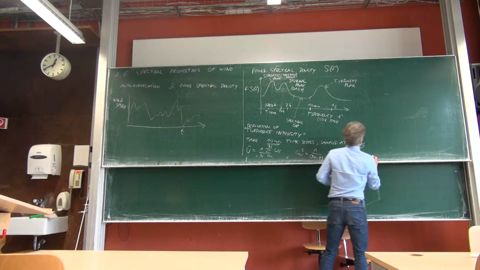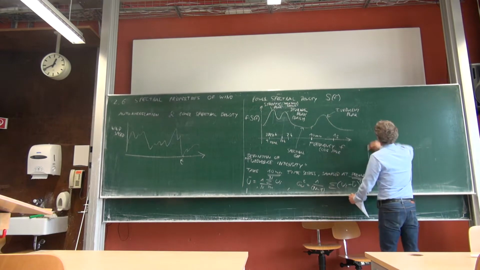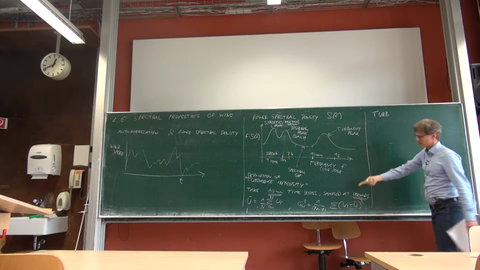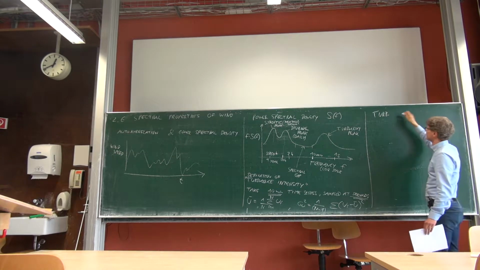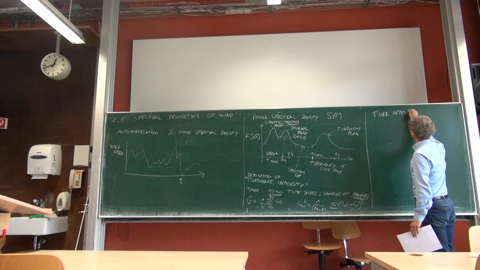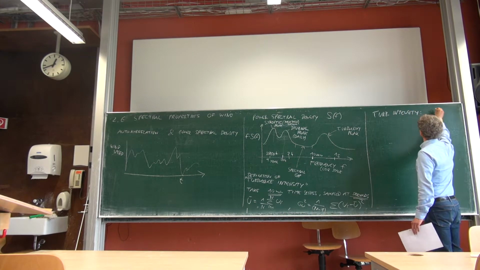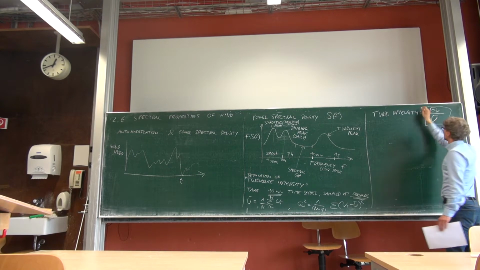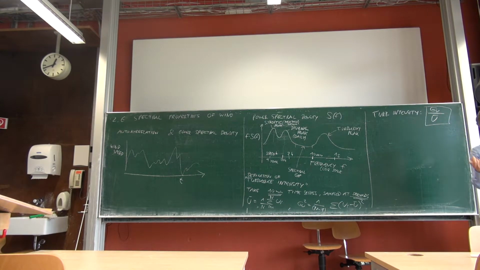But then you just say turbulence intensity is the fraction of standard deviation by average, sigma u divided by u bar. That's it. So how much variation do you have on average compared to the strength of your wind?